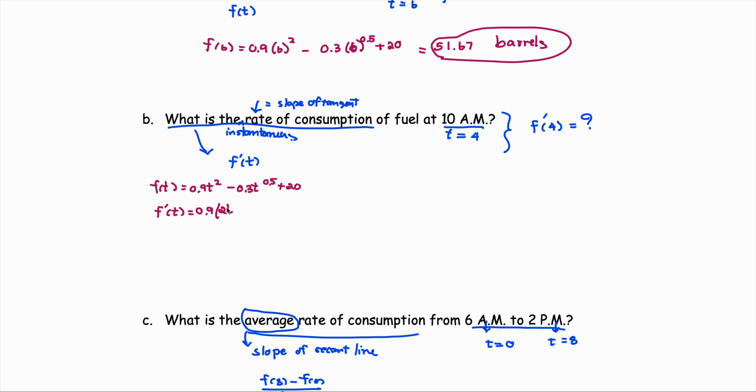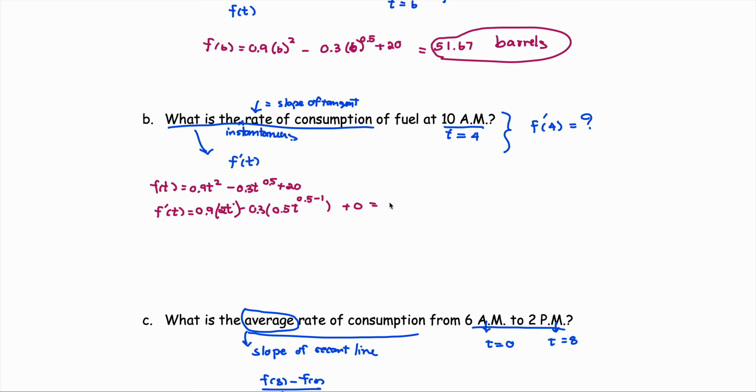Power 2 is going to be t to the first power, minus 0.3 constant multiple times the derivative from the power rule, power 0.5, t now to the power 0.5 minus 1, and then plus 0, which is the derivative of 20.